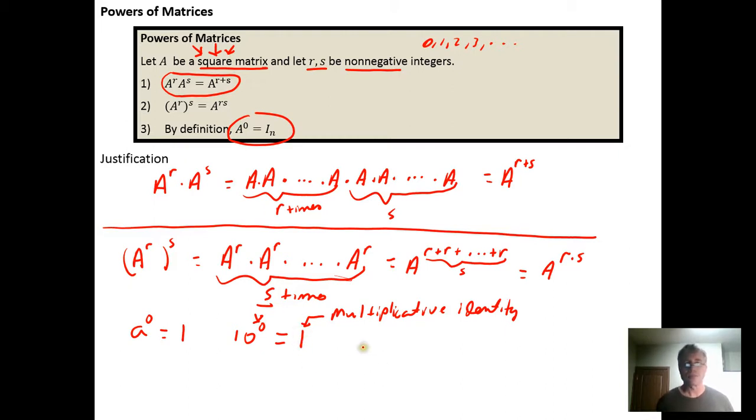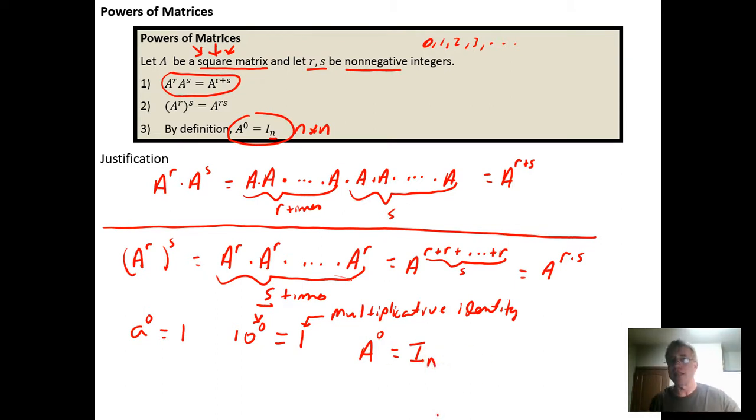So here we're raising a matrix A to the 0, and we're defining this: if A is an n by n square matrix, then if we raise A to the 0th power, we're going to get the n by n identity matrix.